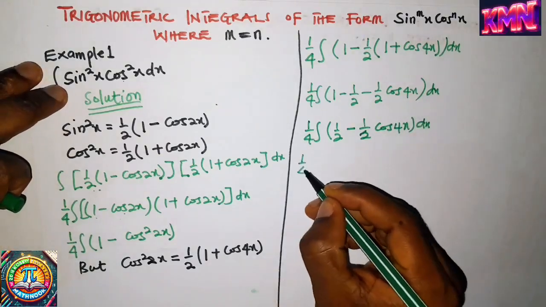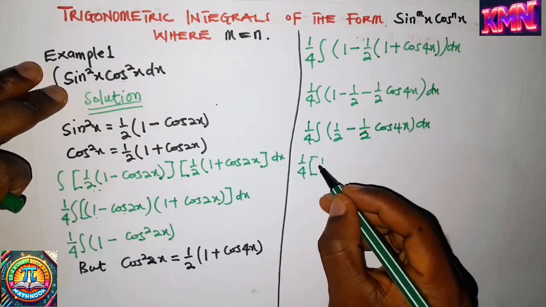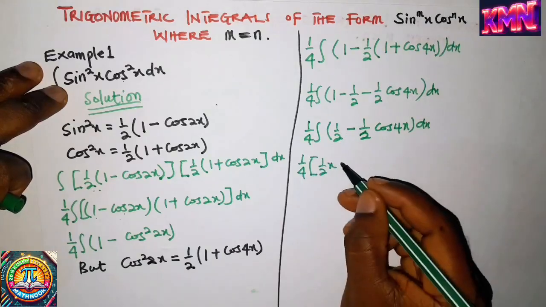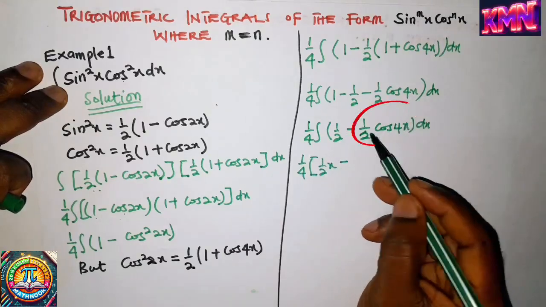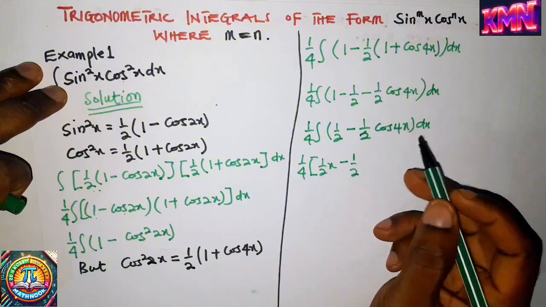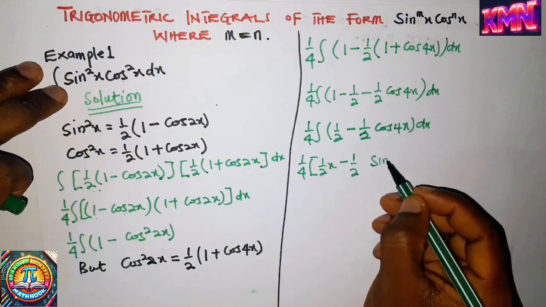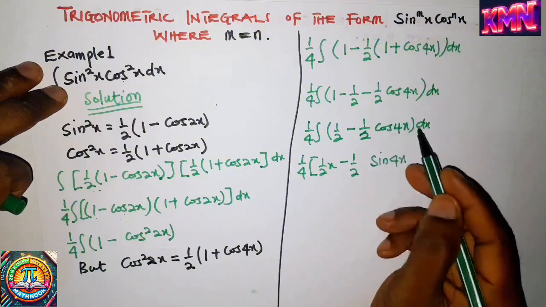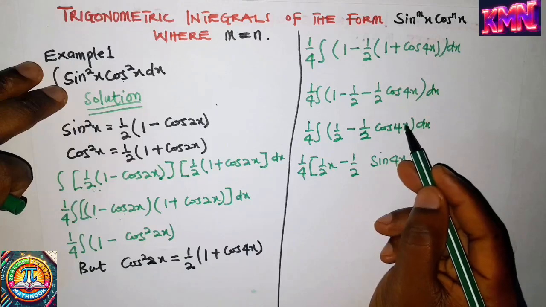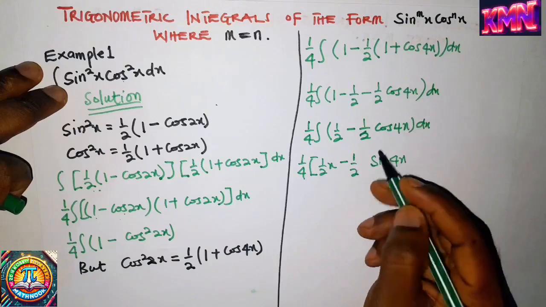That will give us 1/4 integral of half with respect to x is half x, minus the integral of this. Let's write the constant. This one we learned: we integrate the whole thing, and that will give us sine 4x. Then we differentiate what we have here, which will give us 4, then we reciprocate it and multiply by the answer.